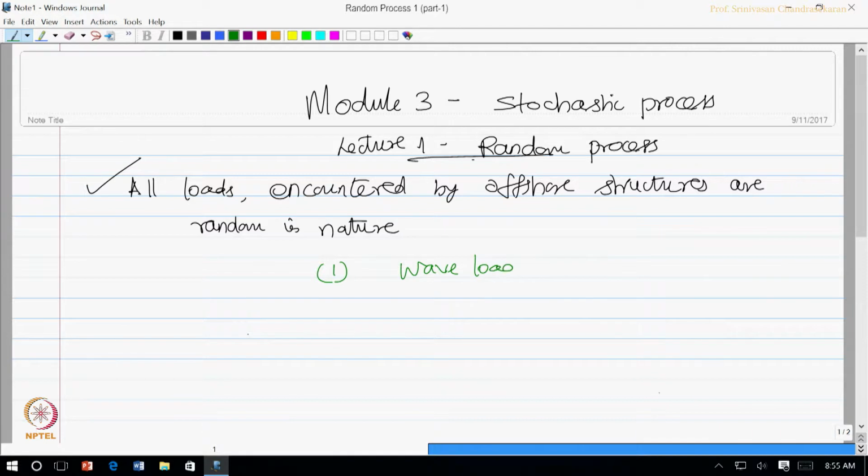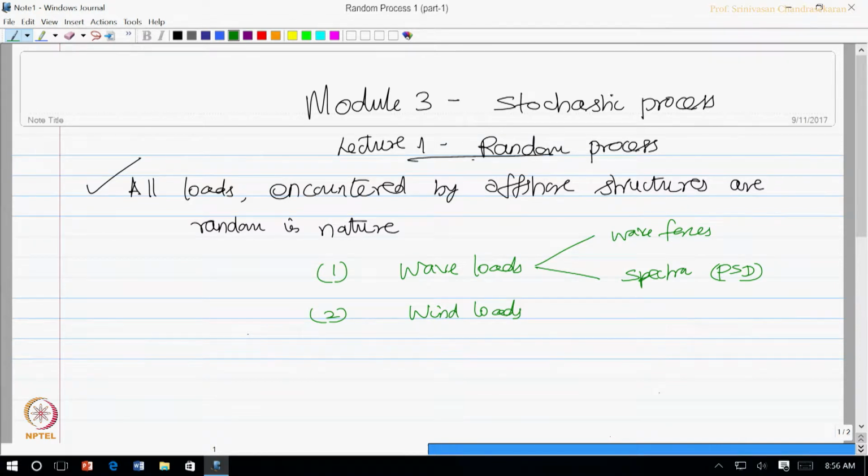Wave loads. We have seen different equations for estimating the wave forces. We have also seen different spectra to estimate wave forces in terms of power spectral density functions. The second classical load which is applied in offshore structures is wind loads.